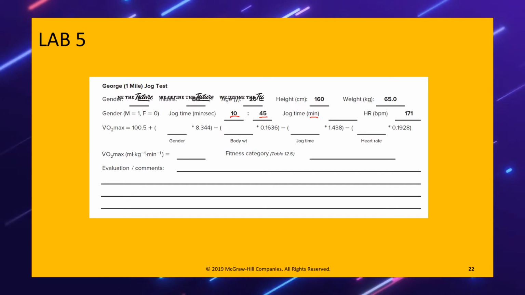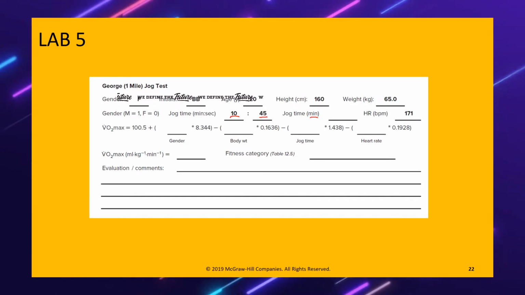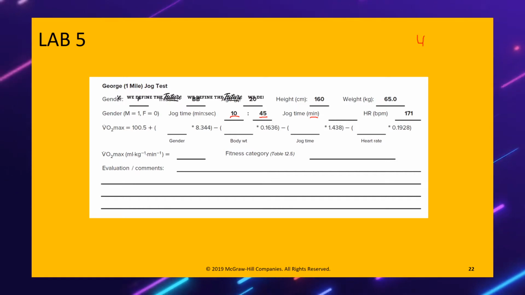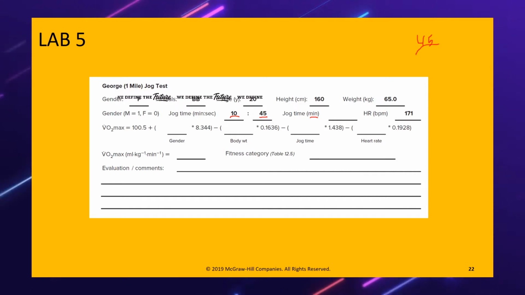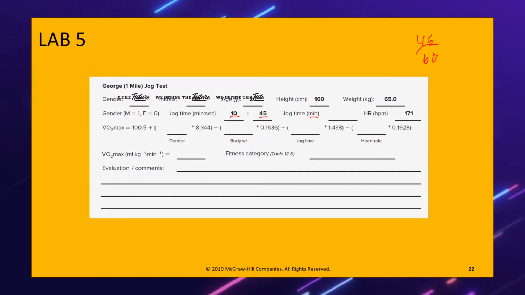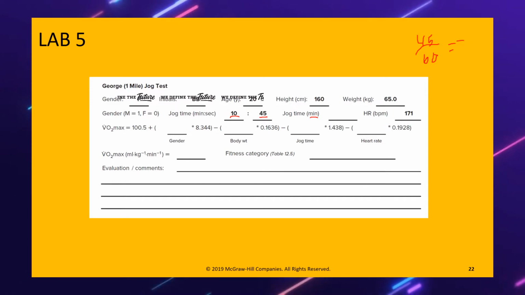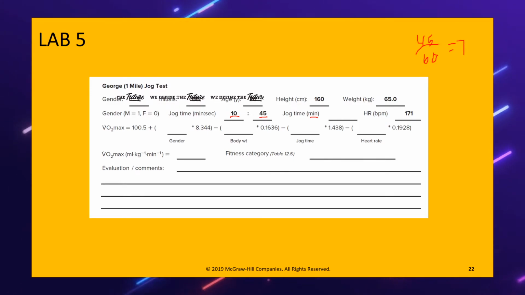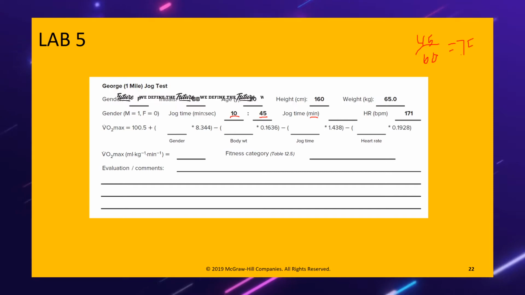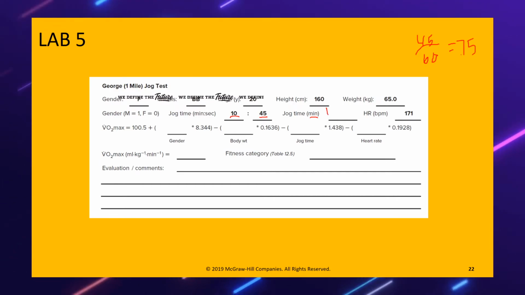We take the 45 and divide it by 60, and we get 0.75. So when we write this out, we would say 10.75.